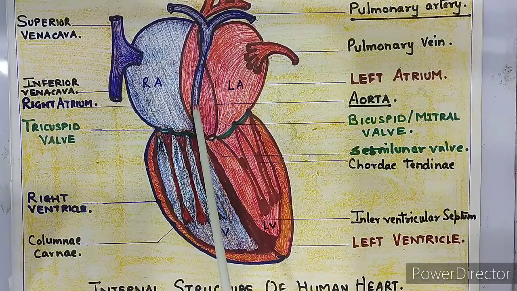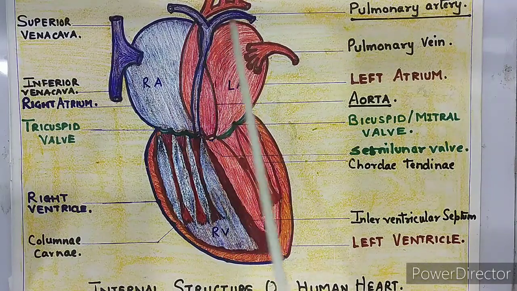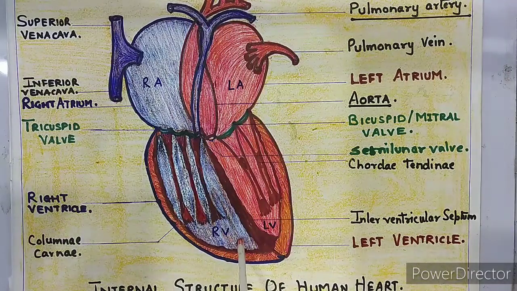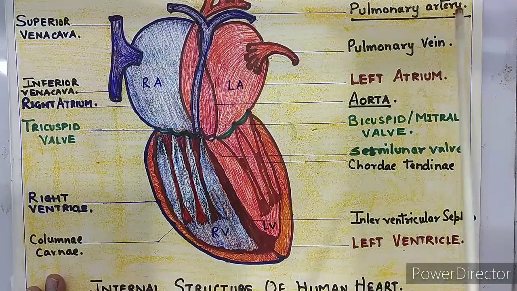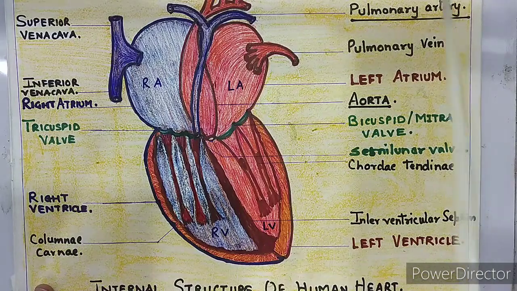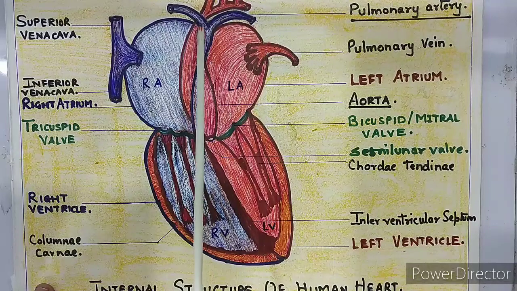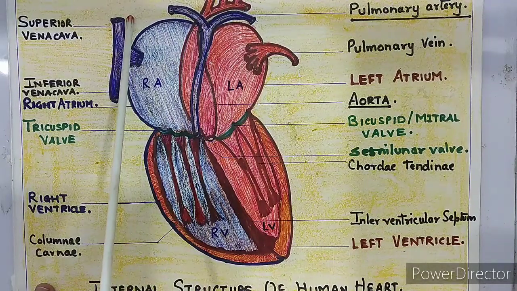Look here, children, from the right ventricle arises, see this blue color thin blood vessel arising from the right ventricle. As I have told you earlier, the blood vessels which arise from the heart are called arteries. So obviously, children, this thin blood vessel which arises from the right ventricle is the pulmonary artery. This one is going towards the left lung and this side going towards the right lung.